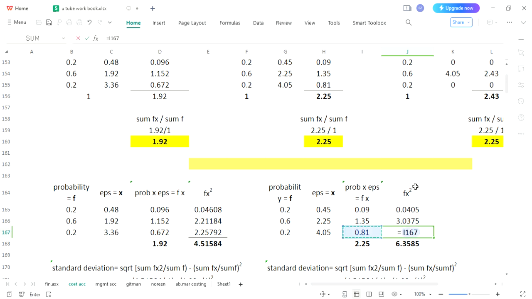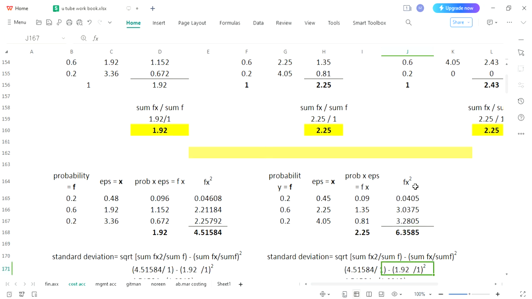For the third part we will do Fx multiplied with X, and finally we will take the sum. So we have got 6.35.